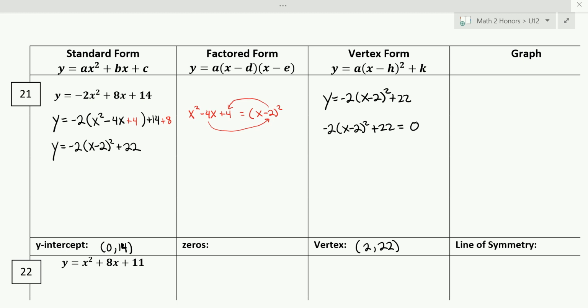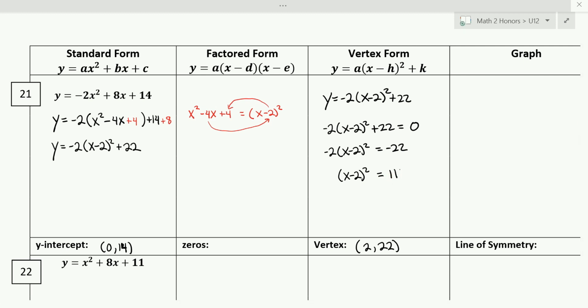Minus 22. And then divide by negative 2. So you have to clear out everything except the x minus 2 squared before you take the square root. And so just to make it easier and cleaner for you, here we have x minus 2 squared equals 11.